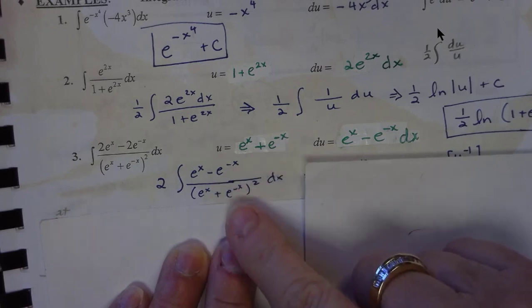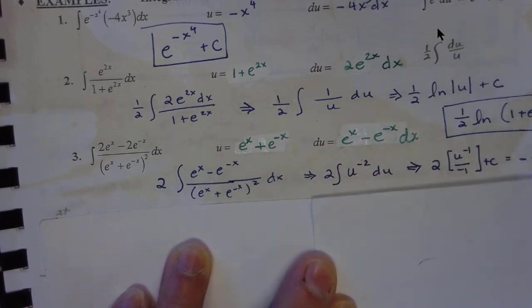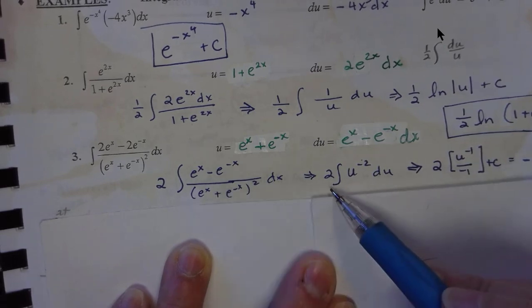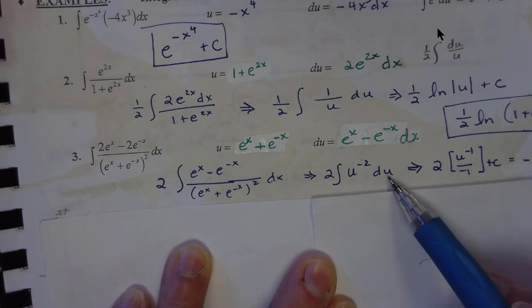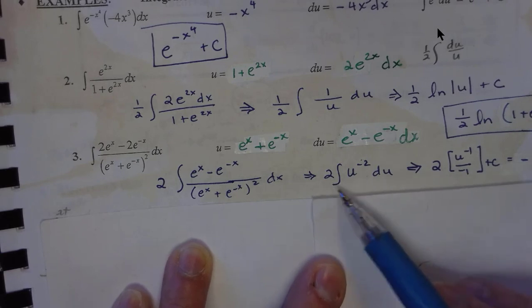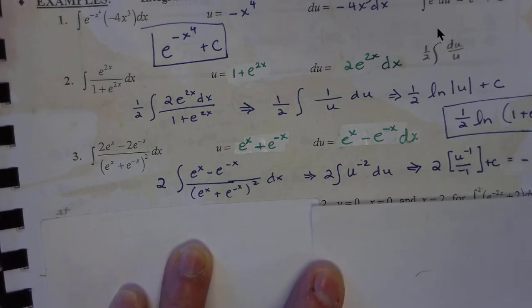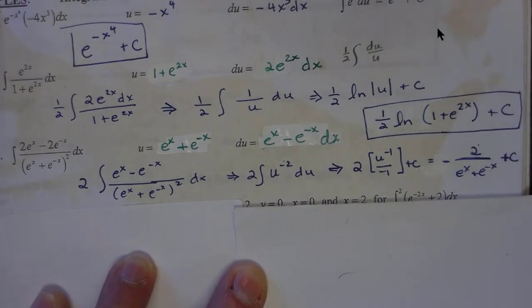Oh, what do I have? This isn't a ln u type because that is u squared. Oh, so this becomes 2 u to the negative 2, there's my du. We know how to integrate u to the negative 2. It's u to the negative 1 over negative 1. I'm going to bring that negative out in front. U to the negative 1 means 1 over u. There it is.